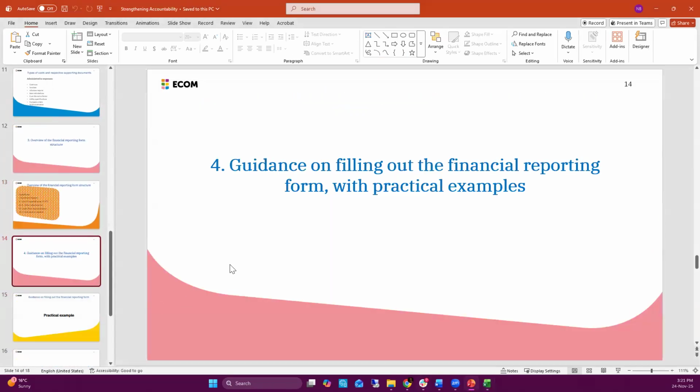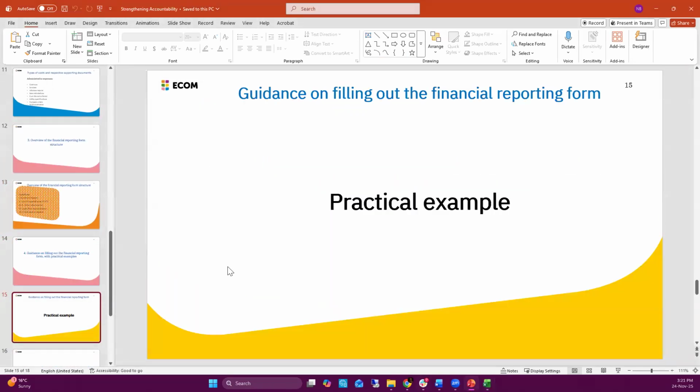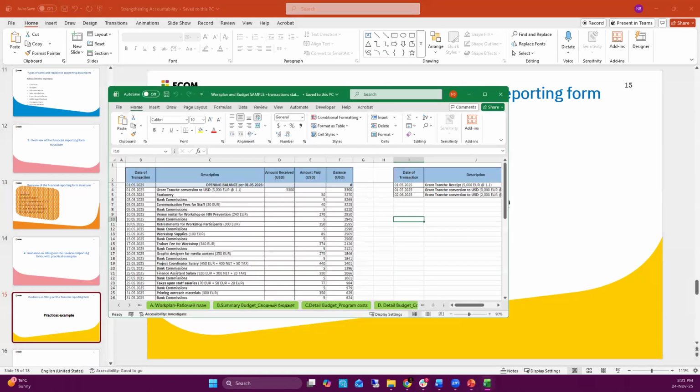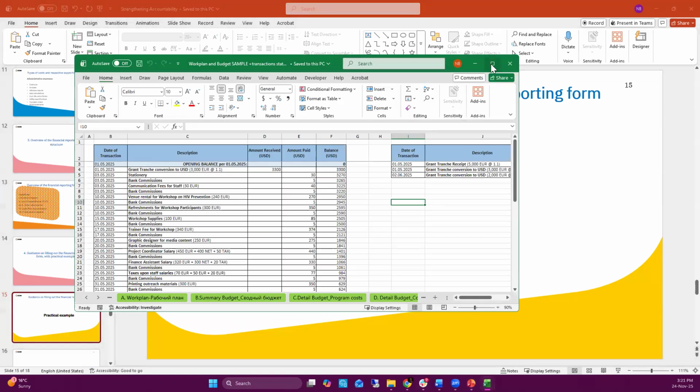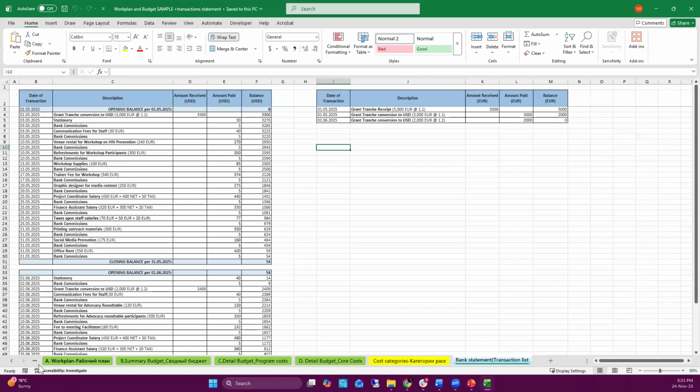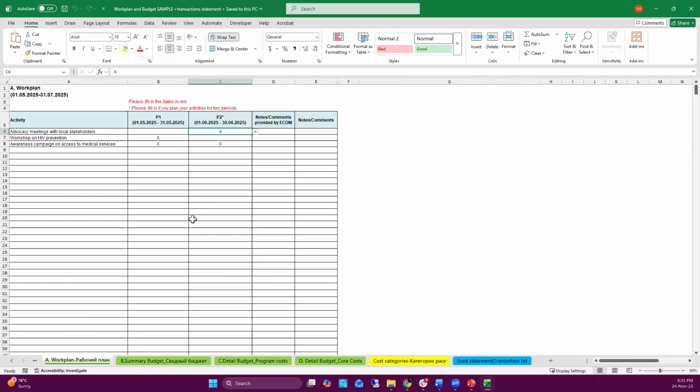Okay, so now let's make an example and fill out the report briefly. But before we go to filling out the report itself, let's look at the sample budget. And let's imagine that we have a project, and this is the project's work plan, what kind of activities are planned.